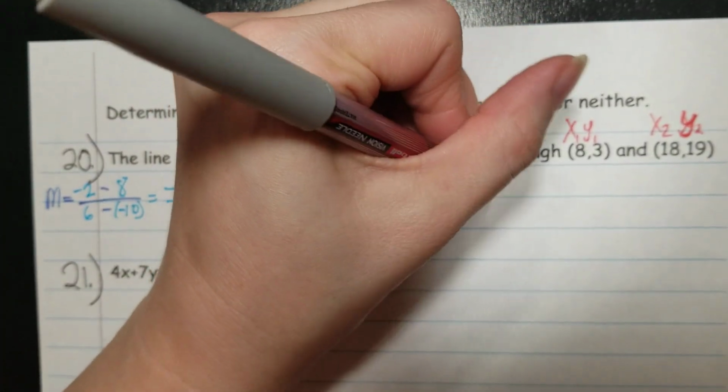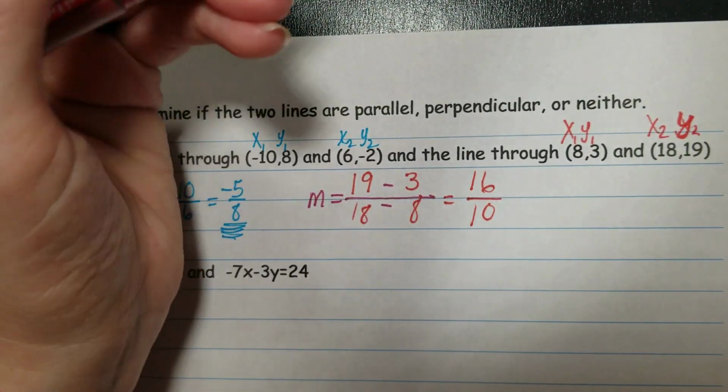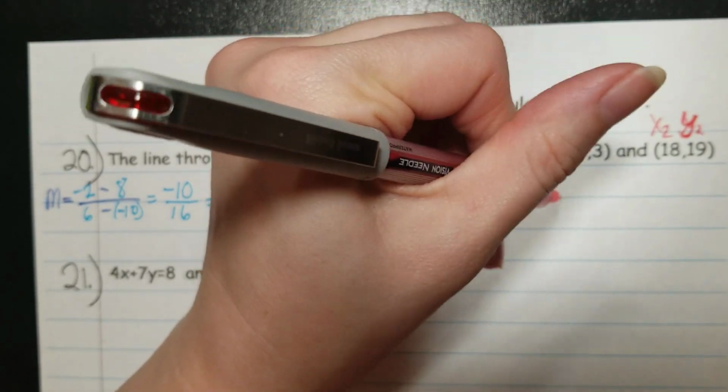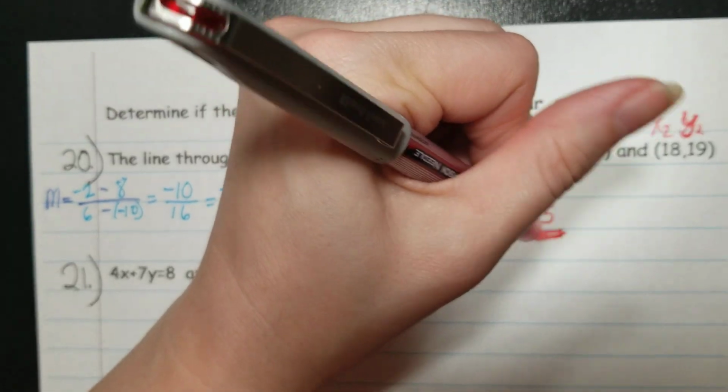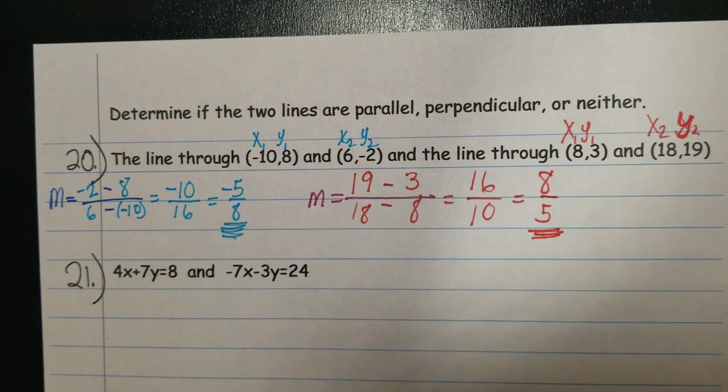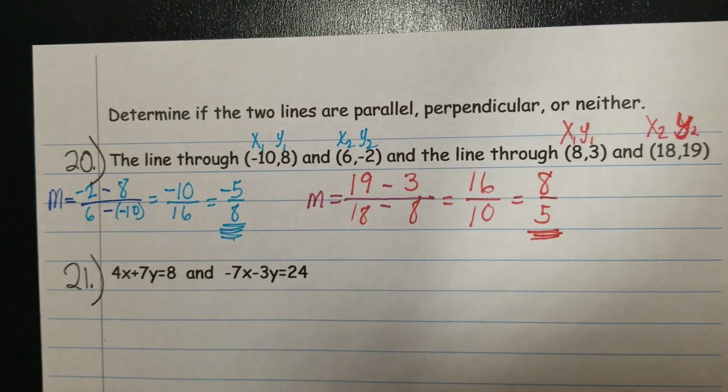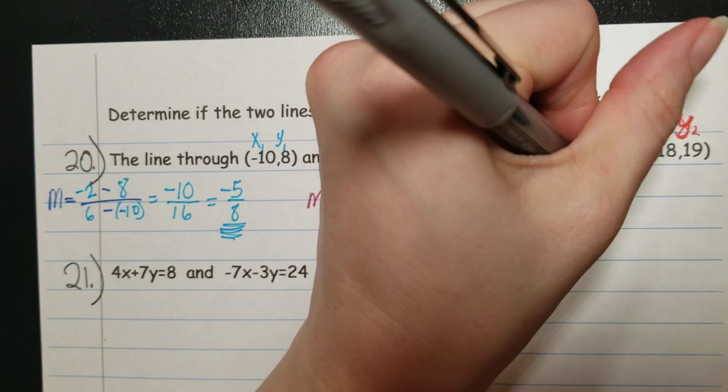So that's 16 over 10, which reduces to 8 over 5. All right, so if we compare those two slopes, -5/8 with 8 over 5, we can see that they are perpendicular.